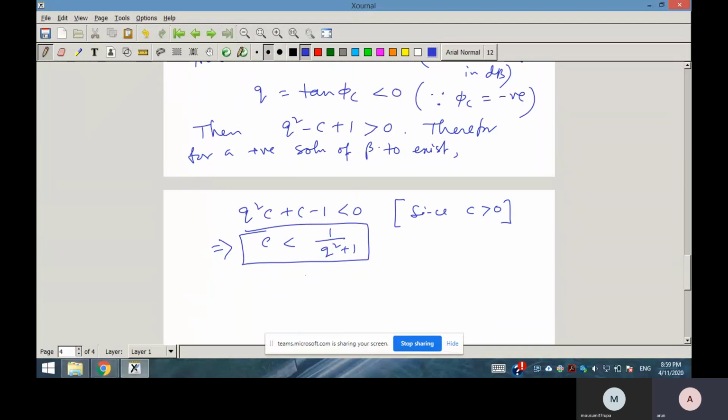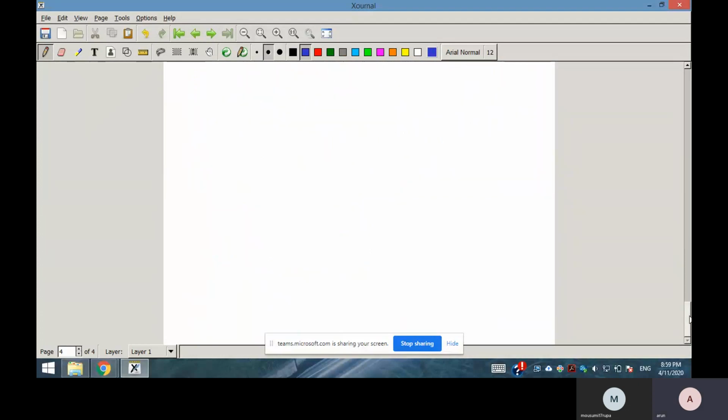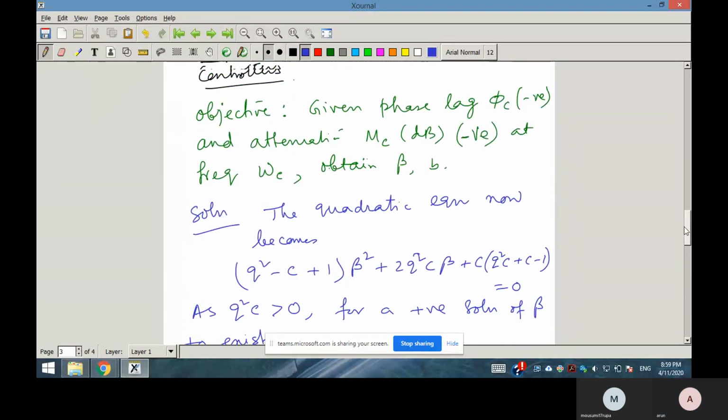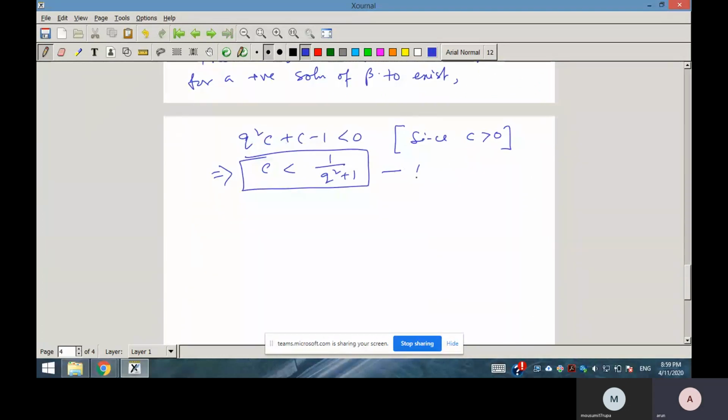So now we have to see whether, if a positive solution exists, beta will be less than 1. So that you can easily see from this one. I will write this as the necessary and sufficient condition for the time being for a positive solution of beta.